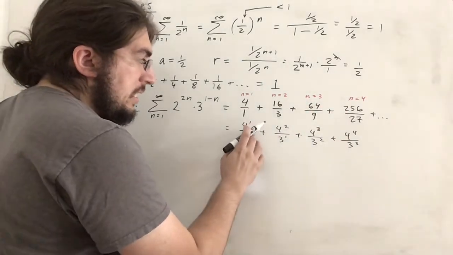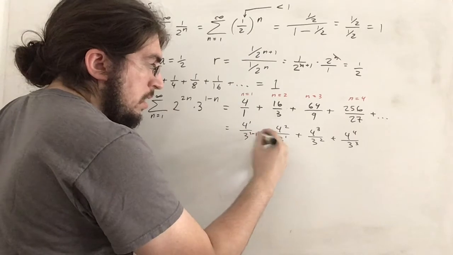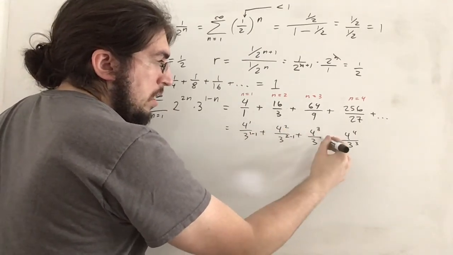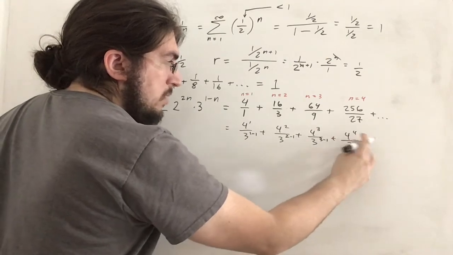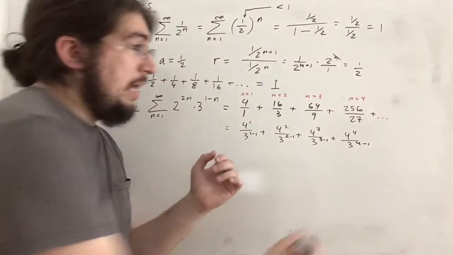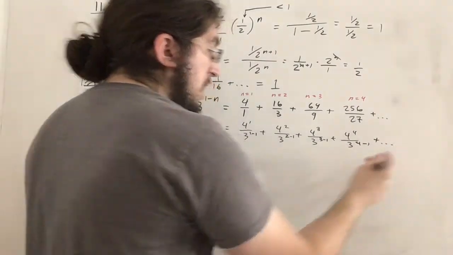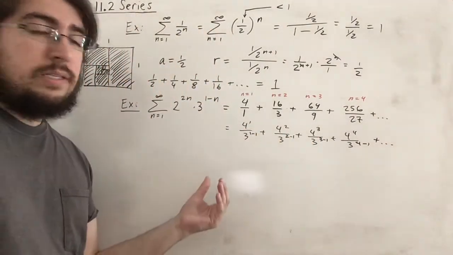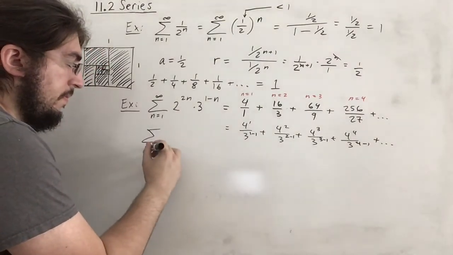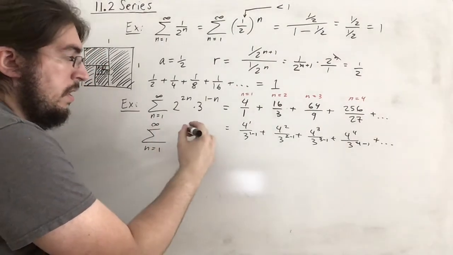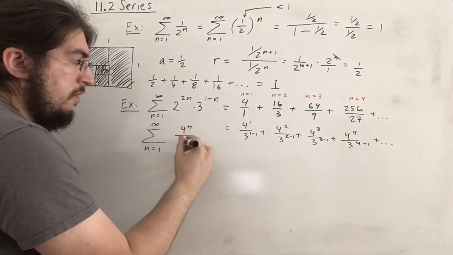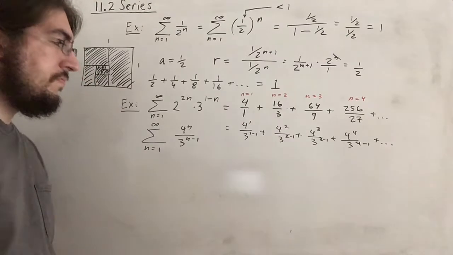But if I write this as 1 minus 1, 2 minus 1, 3 minus 1, and 4 minus 1, just like that, then we can tell that the general term of the sequence is 4 to the n over 3 to the n minus 1.